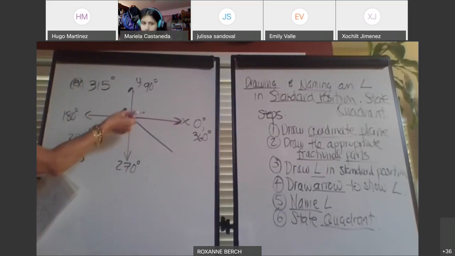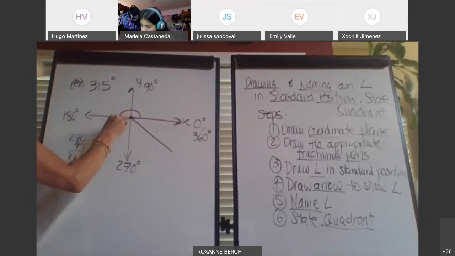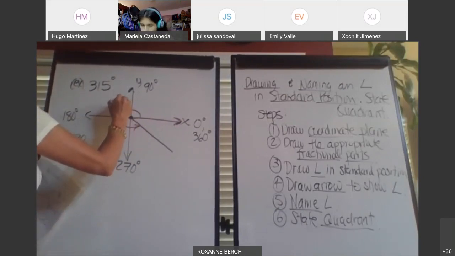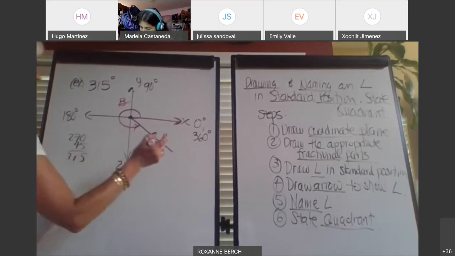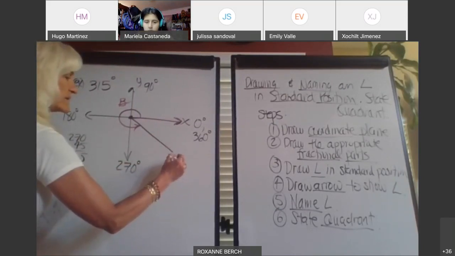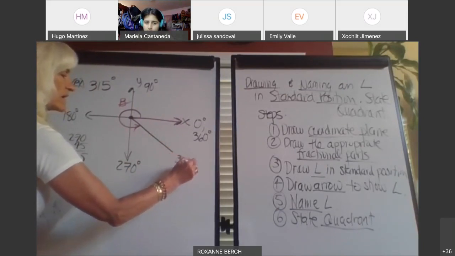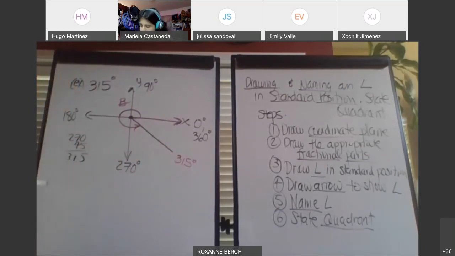And if you went a half a revolution and went to there with your arrow, I'm going to name this angle beta. 270 plus 45 is 315. So I can see what you did there. You went half a 90, and that would be what I need to see.